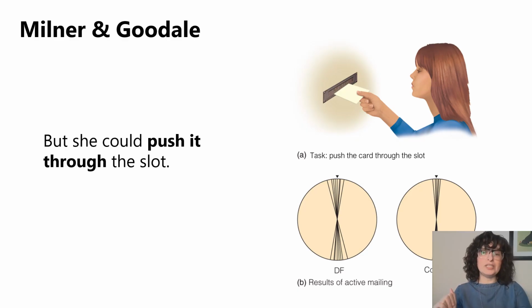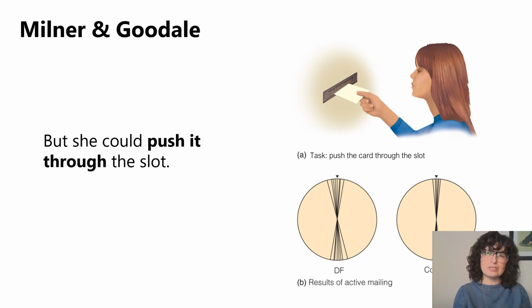According to Milner and Goodale, their conclusion was that the dorsal stream isn't just about locating objects, it's about locating objects to take action on them. Their argument was that you only need to know where an object is if you intend to act on it, and taking action would involve knowing the location of the object, consistent with the where pathway, the dorsal pathway.